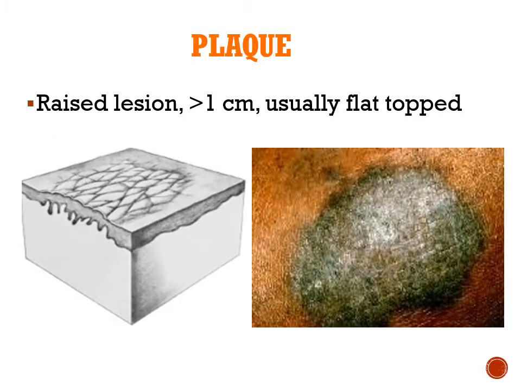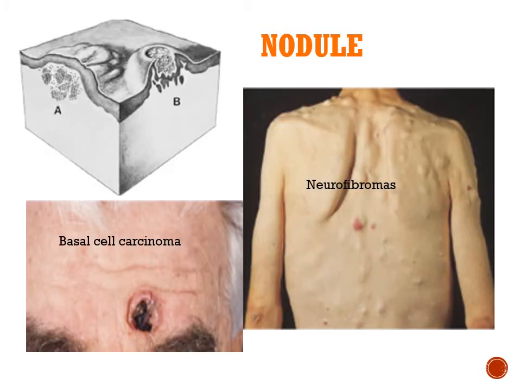A raised lesion more than 1 centimeter, usually flat top and may be centrally depressed, is called a plaque. A nodule is also a raised lesion, but the important feature is that these lesions are deep. The pathology is centered in the dermis or the subcutaneous fat and is larger than 1 centimeter.